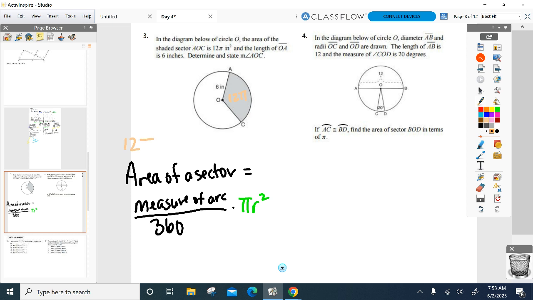Why I'm plugging this in on the left side? Because that is the area of the sector. It's equal to, now we go back to the formula, measure of the arc. That's what we're trying to find, right? Angle AOC is the same as arc AC. I'm going to put an X there. That's what we're trying to solve for. Over 360 times pi 6 squared.